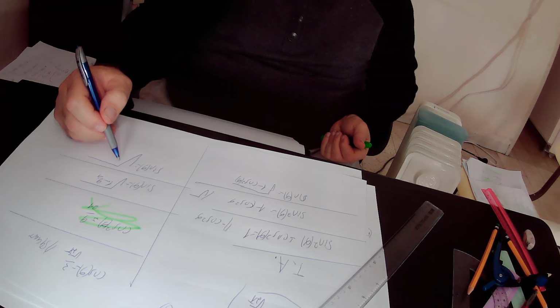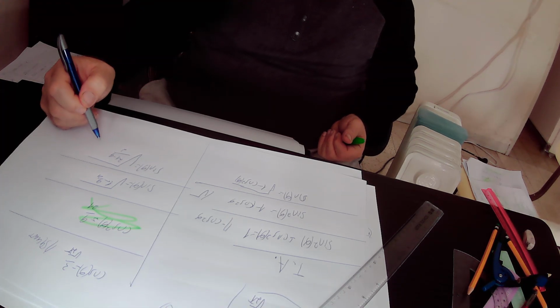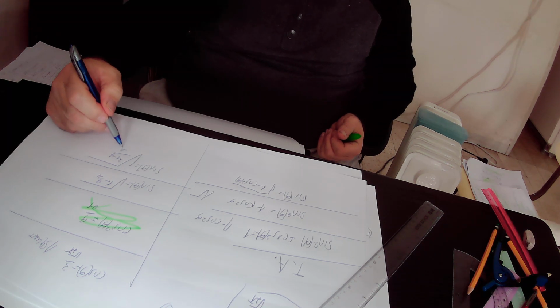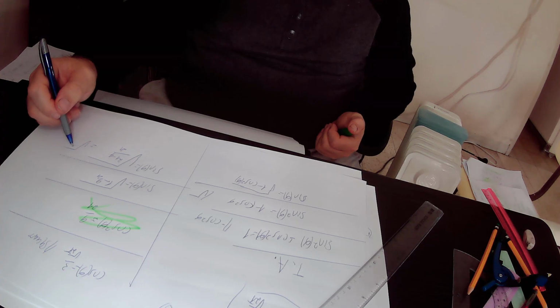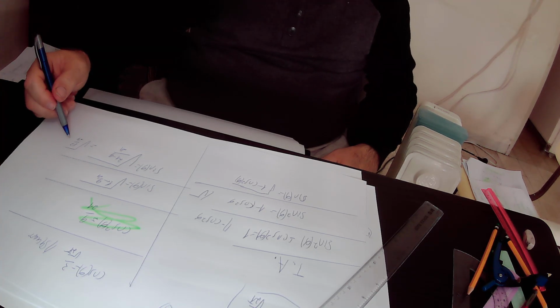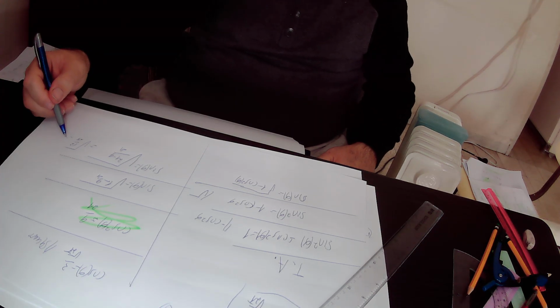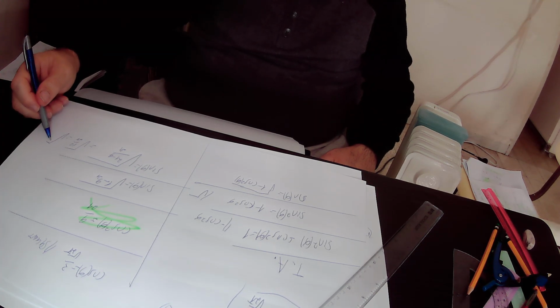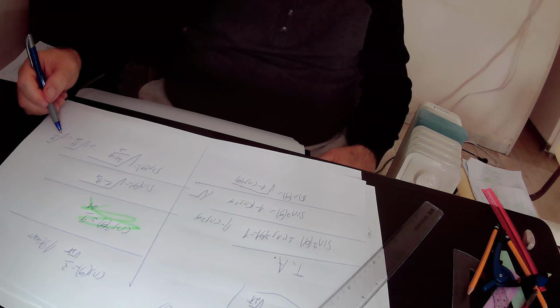So 21 times 1 is 21, minus 9, over 21. So we have 21 minus 9 is 12 over 21. Here we divide both the numerator and the denominator by 3. We get 12 over 3 is 4, over 21 over 3 is 7.